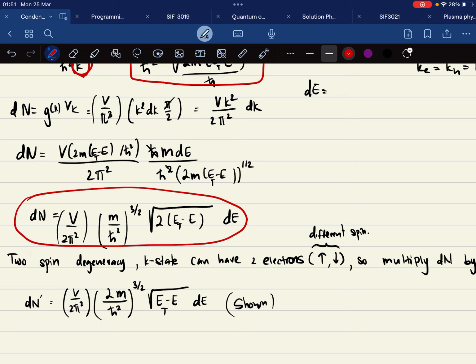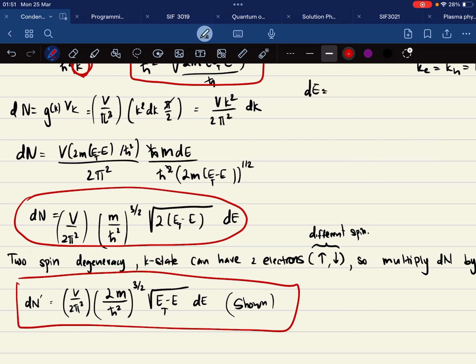So this is known as the 2 spin degeneracy. Degeneracy is when, for example, electrons have the same energy level. They have the same energy, so we call it a degenerate energy level. So at the end just multiply by 2, you got this.